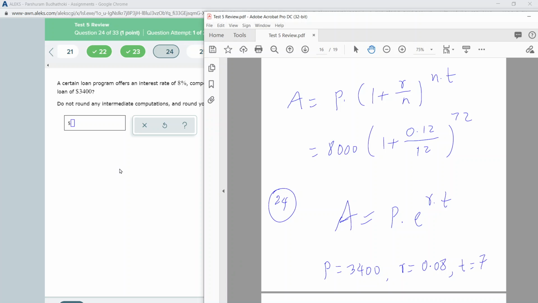So how much we need to pay back can be found by multiplying 3,400 by e to the power 0.08 times 7.